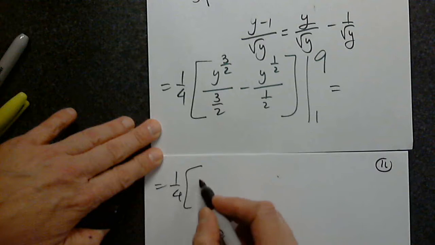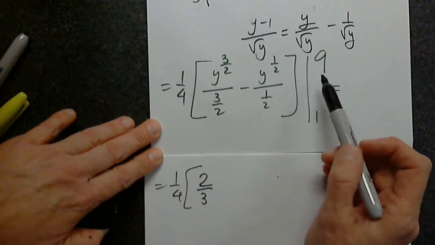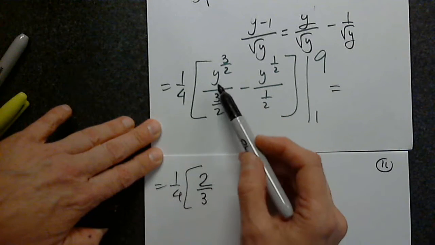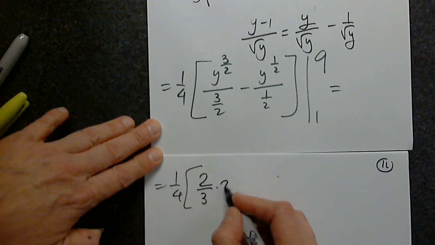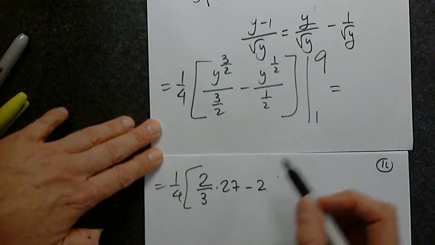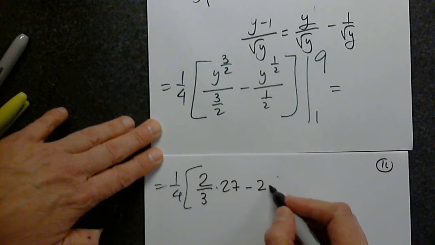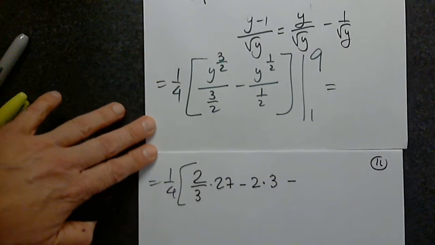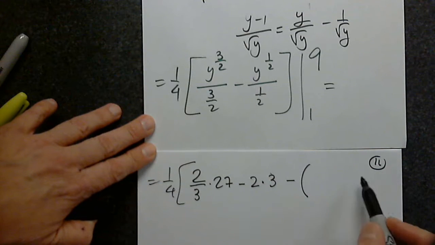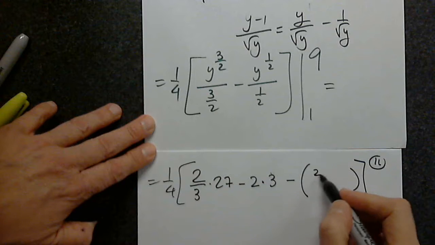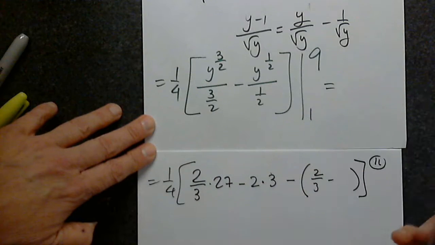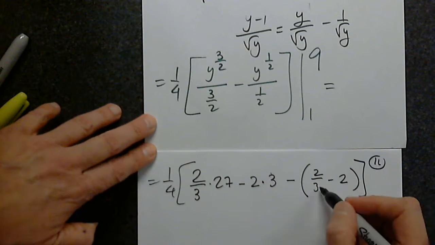1/4 can wait, so this is 2/3. When I plug in 9, I have the square root of 9, which is 3, and 3 cubed is 27. Minus 2, the square root of 9 is 3. Minus. Parentheses, so I don't forget to distribute. Very important. When I plug in 1, 2/3. When I plug in 1, minus 2.